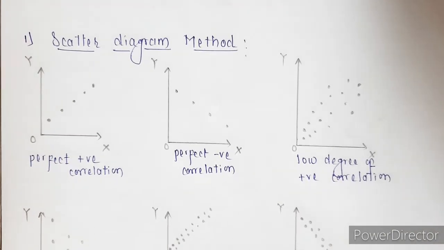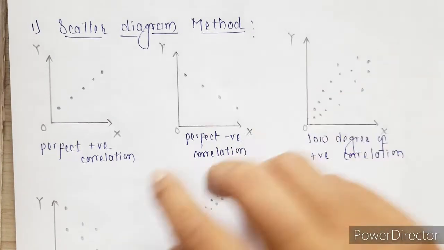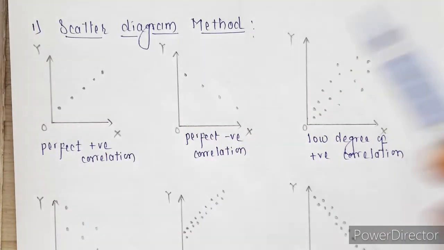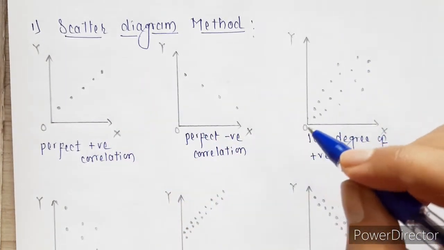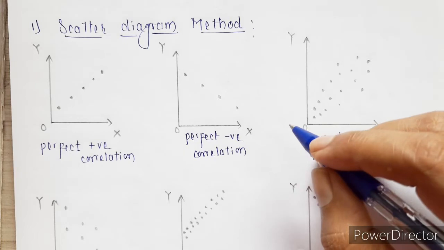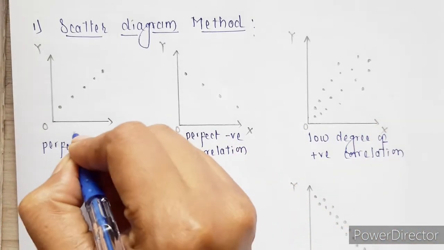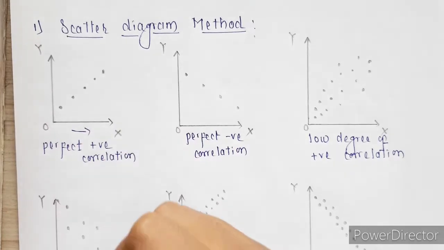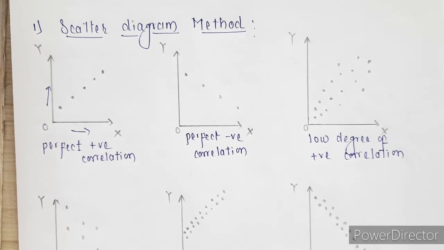If after plotting we get a straight line, it is called a perfect positive correlation, because with an increase in x, y is also increasing and we get a perfect straight line.